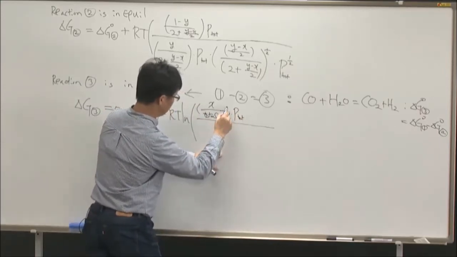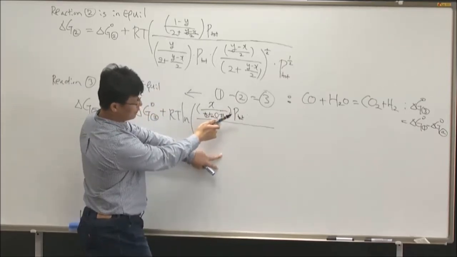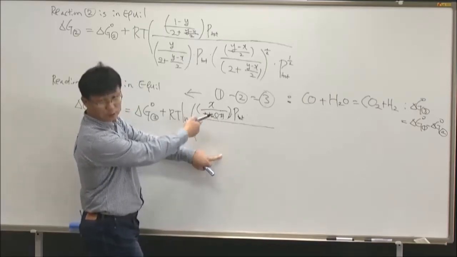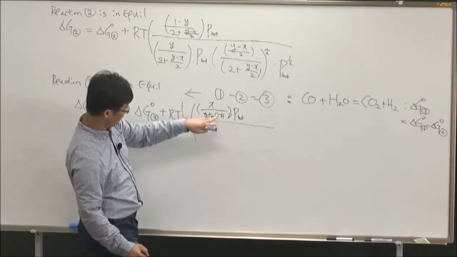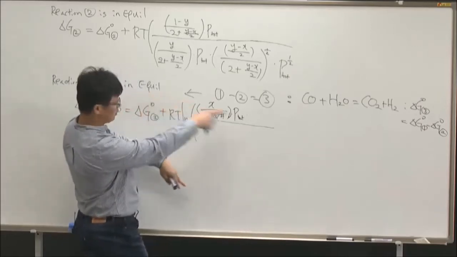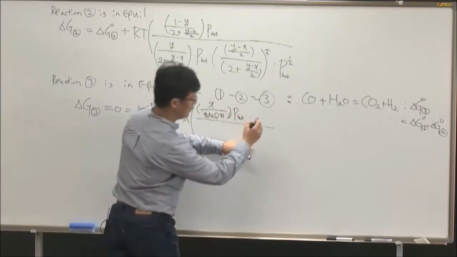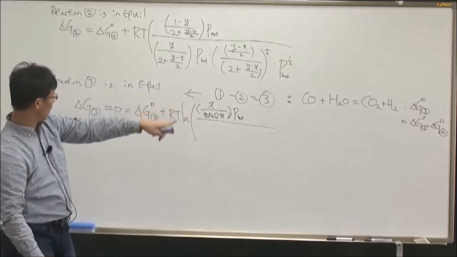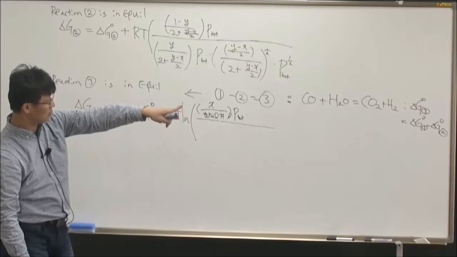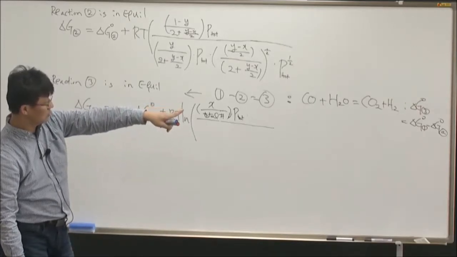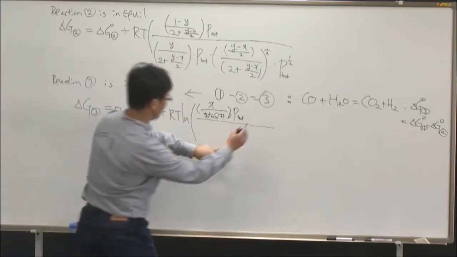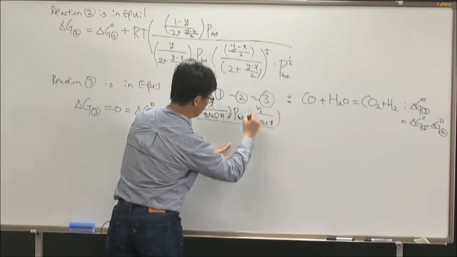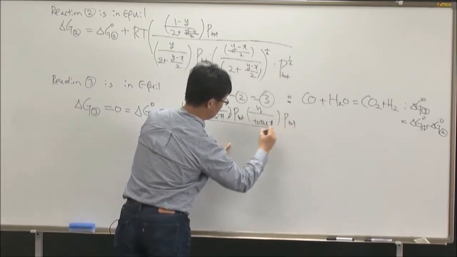So the total number of moles of gas is 2 plus y minus x over 2, yeah? Because it will be cancelled out, so I just express it simply in this way. And then the other one, H2 is x, and CO2 is x and H2 is y, yeah, so y over the number of moles of gas, and P total.